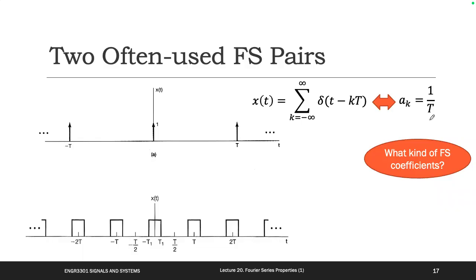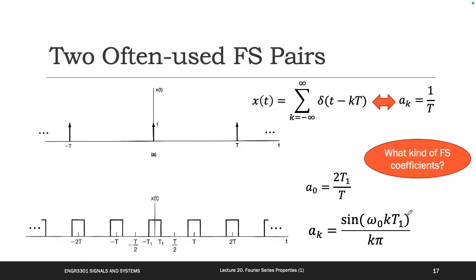I think a_k equals 1 over T, and for this signal, a_0 equals this one, and a_k equals this one. Actually, these are two very often used FS pairs.